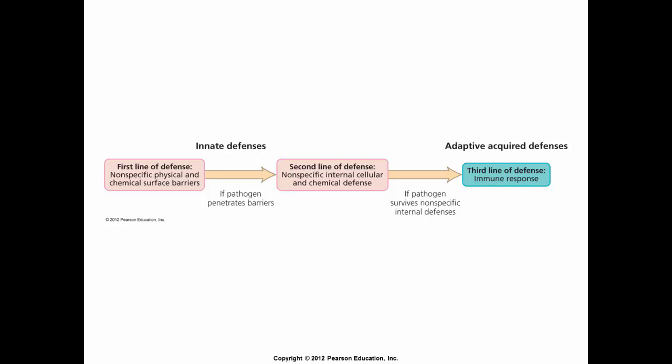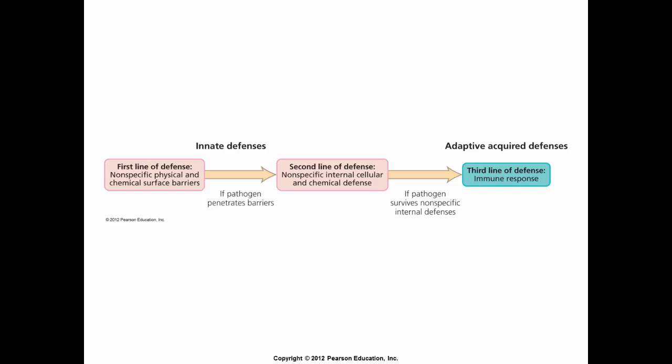And so this table shows that the first line of defense goes into action. We're born with these. They are innate. They're non-specific, physical and chemical surface barriers. If the pathogen penetrates beyond the first line of defense, the second line of defense goes into action.